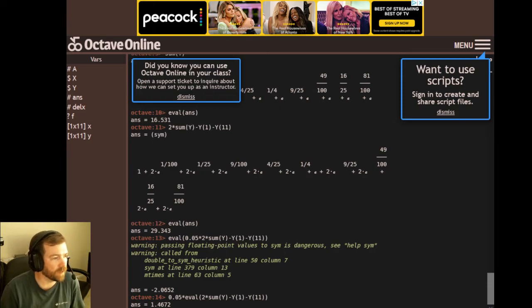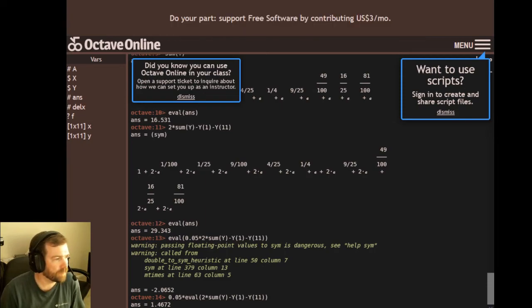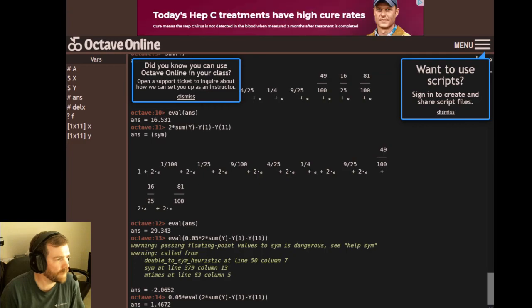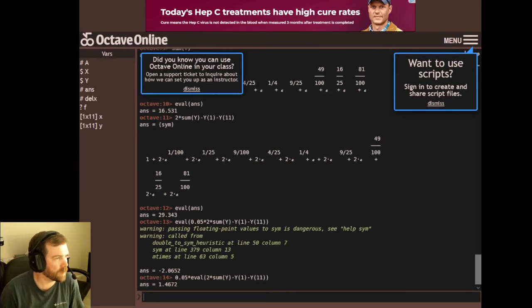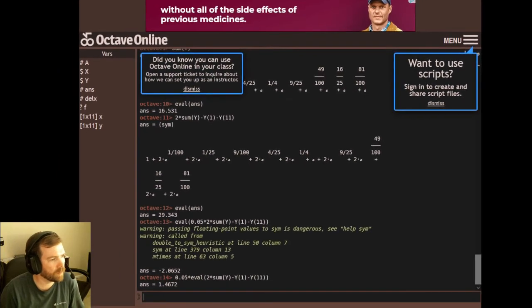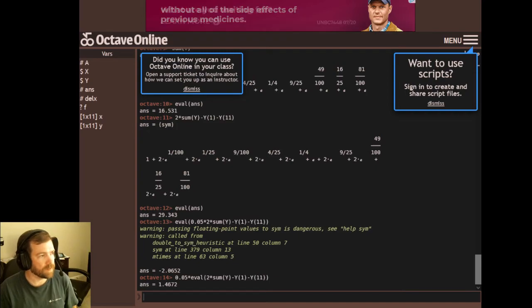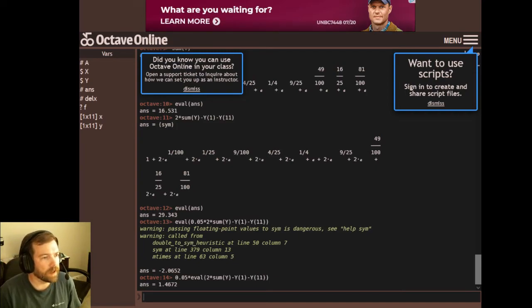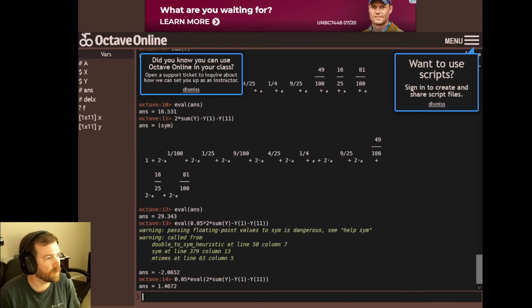So this is Octave Online. Yeah, I gotta shrink that down a bit. No, that's okay. Alright. So I'm taking out the top layer of it, but whatever, it's fine. So what I'm doing here is, I think you can also see my cursor.